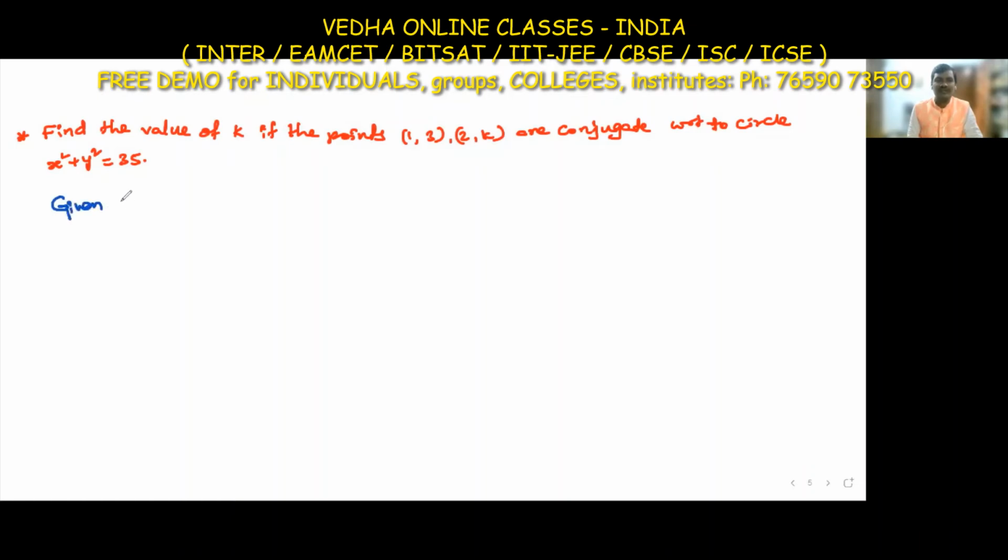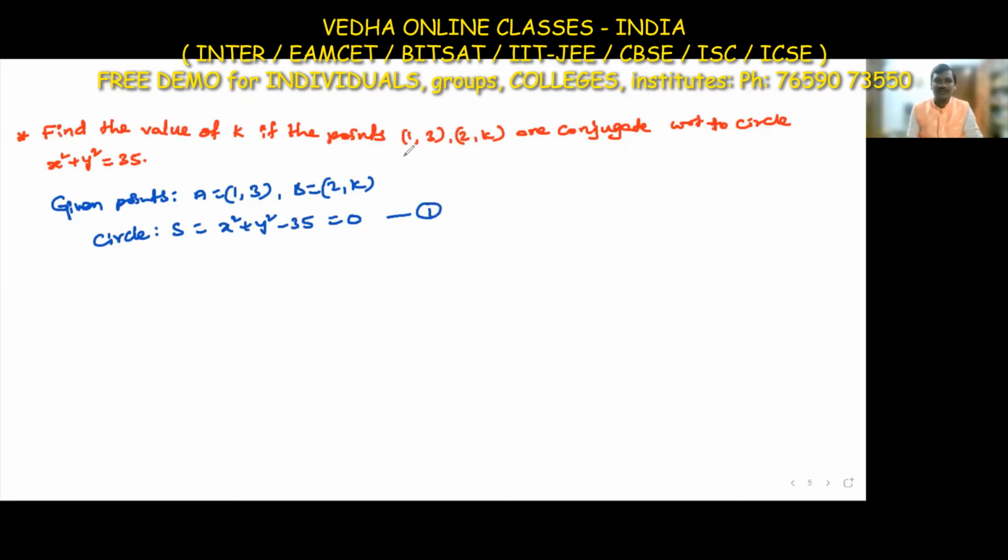So what are the given points? First, I am writing the given points. Two points are given. I am taking A as (1, 3) and B as (2, k). And the circle is also given. The equation of the circle is S equal to x square plus y square equal to 35. I am taking 35 to the left side, so minus 35 equal to 0. This is equation number 1.